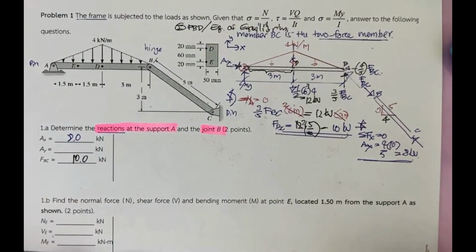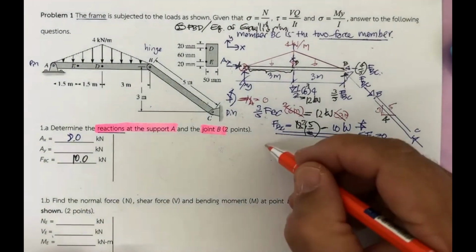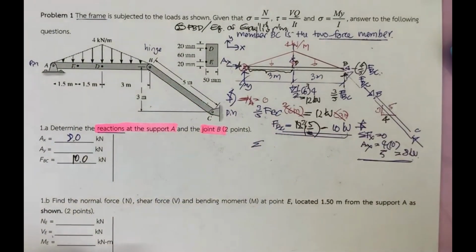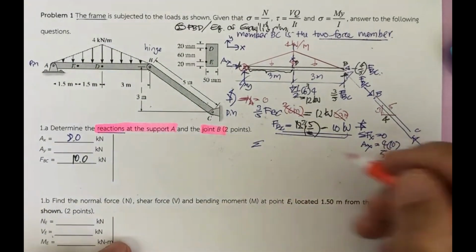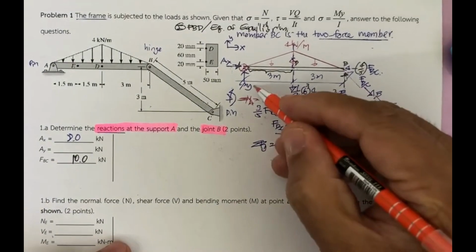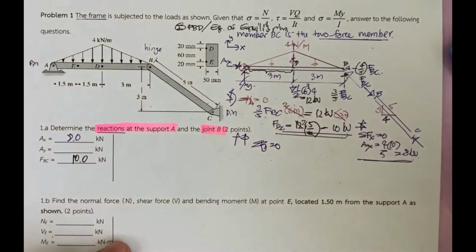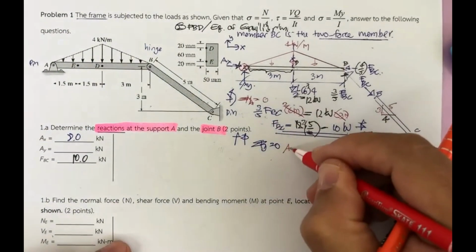Okay, and then we can find summation of F sub Y equal to 0. So this one is upward positive. Our A sub Y is upward.